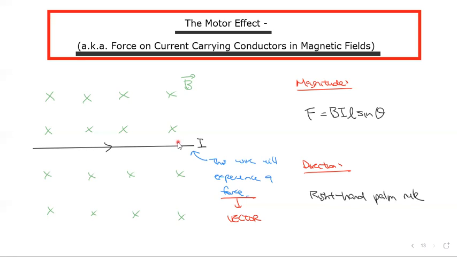So what exactly are we talking about here? We're talking about the motor effect. And what exactly is the motor effect? It's saying that if you have a conductor, and this conductor is carrying current, then it will experience a force as long as it's in a magnetic field. So let's think of our conditions here. You need to have a current carrying conductor. So it needs to be a current. It needs to be in a magnetic field.